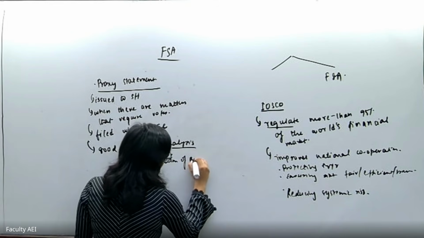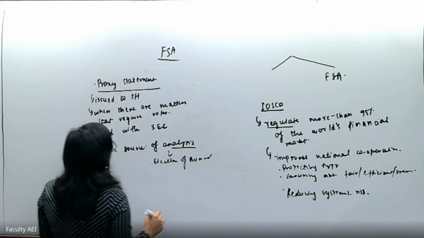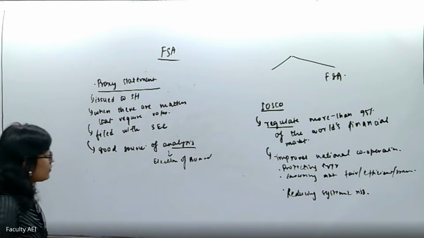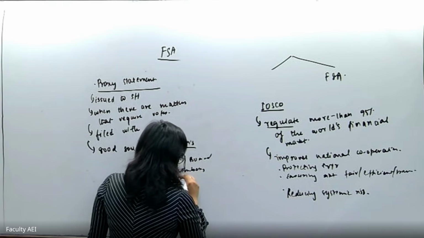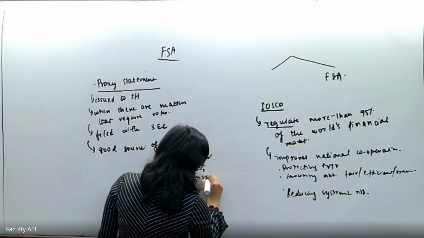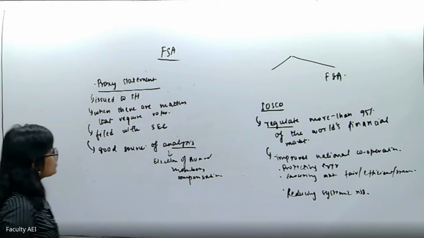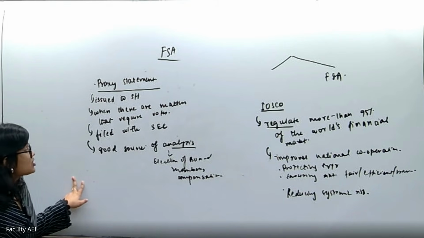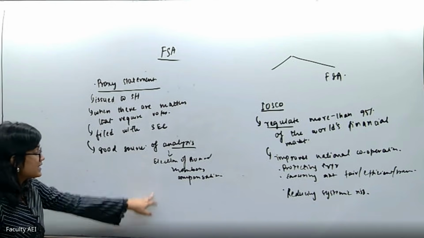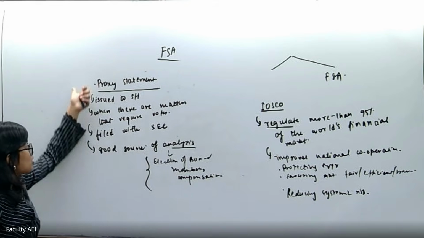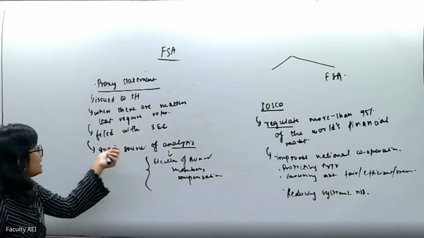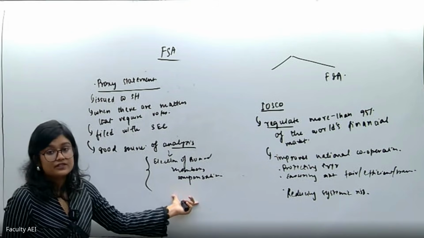Whenever any decision has to be made regarding the election, compensation, or nomination of the board members, proxy statements need to be issued, because it requires that the shareholders vote for these decisions. So this is the proxy statement. Since they're filed with the SEC, they're a good source of this information.